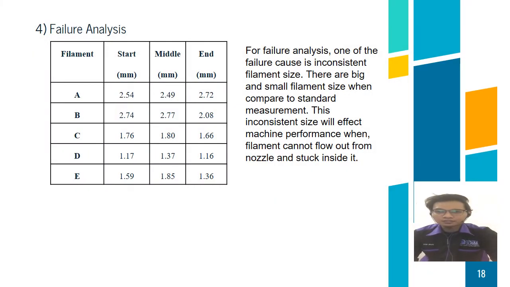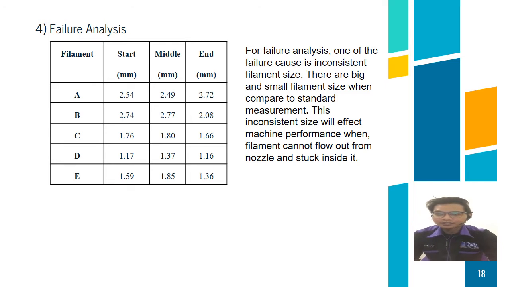Okay, this is the result for the failure analysis in terms of inconsistent filament size. We take measurements from 5 filaments at the start of the filament, at the middle, and at the end, using a digital vernier caliper.